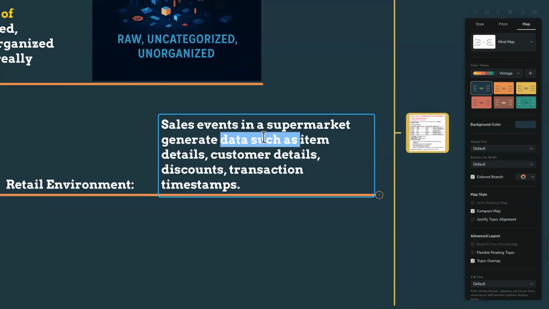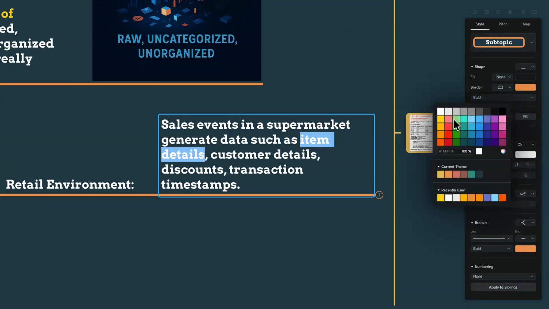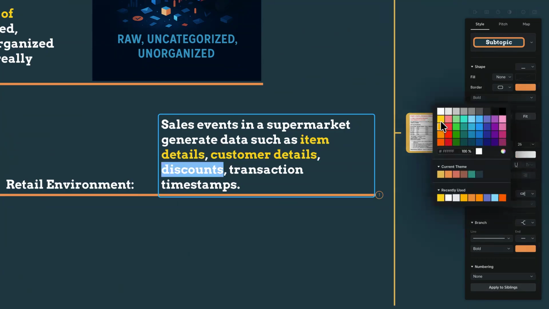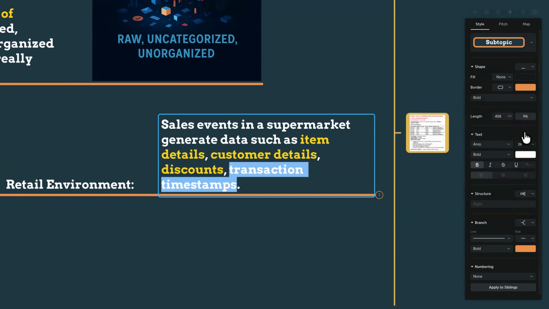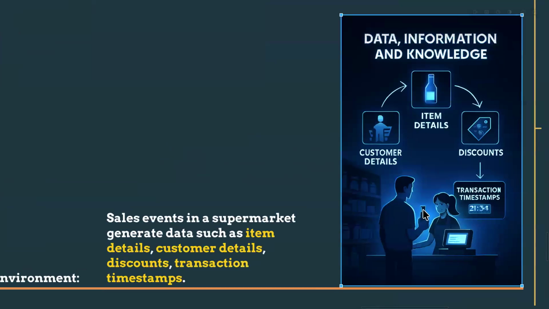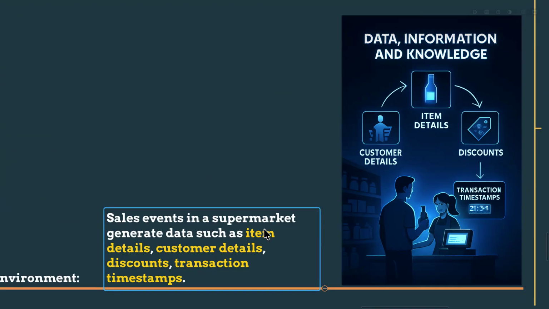So I'm going to highlight the data such as the item details, what items they have sold and the customer bought, and the discount details, as well as the transaction times. So row by row, every transaction will have some transaction ID, my dears. For that transaction ID, we can trace the customer details, item details, discounts, as well as the transaction timestamps. Timestamps in the sense of when the transaction happened, right?